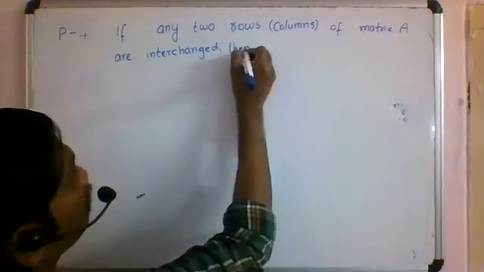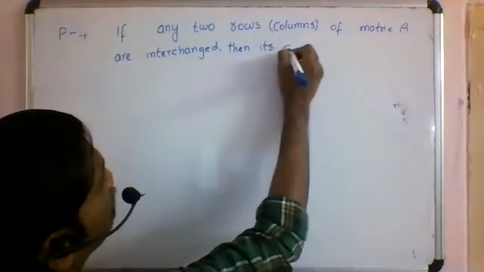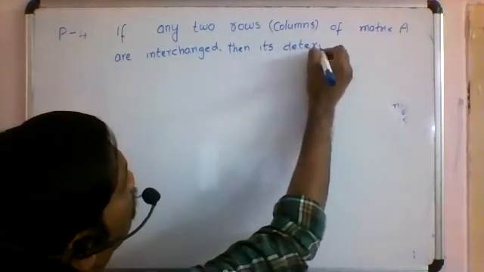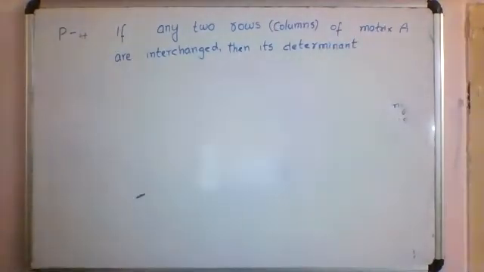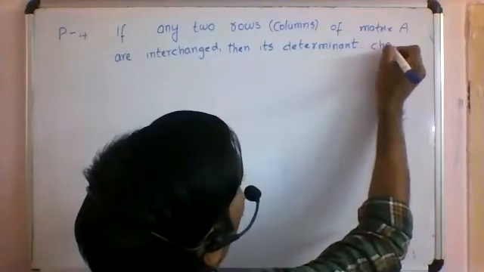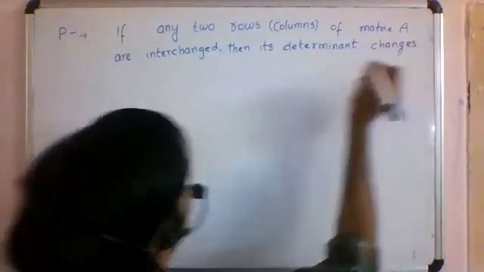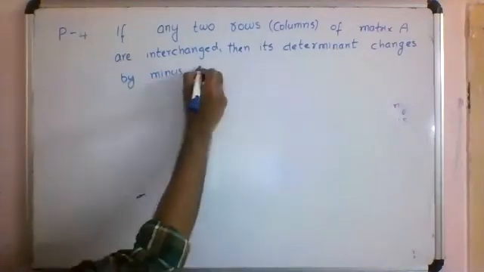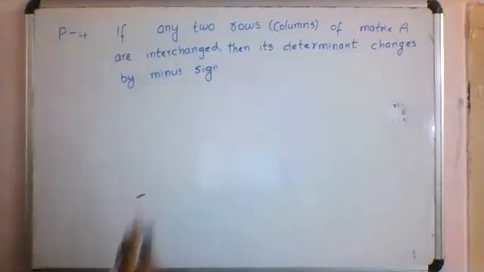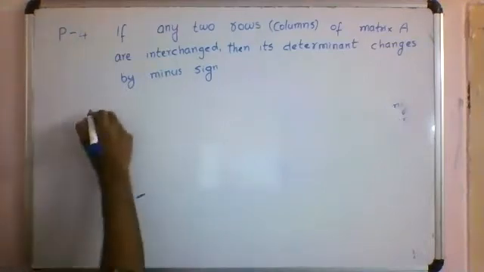Its determinant changes by a minus sign. So in a determinant, if you change any two rows or columns, you will observe the determinant value changes by a minus sign.